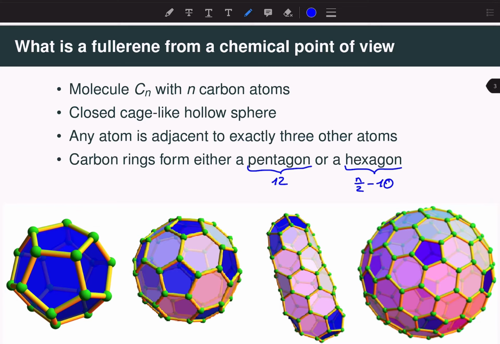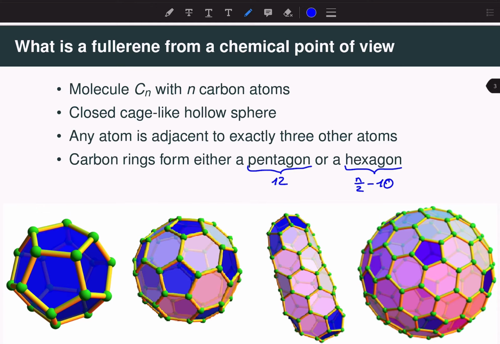And as you can see in these pictures already, fullerenes can have different shapes. We have 3 ball-like fullerenes and 1 tube-like. Also, if you take a closer look at these pictures, you will find out that in the ball-like fullerenes, the 12 pentagons are kind of uniformly distributed on the surface of a fullerene.